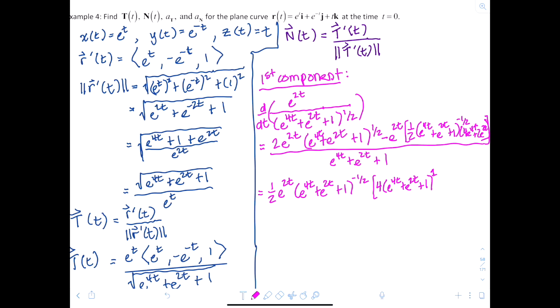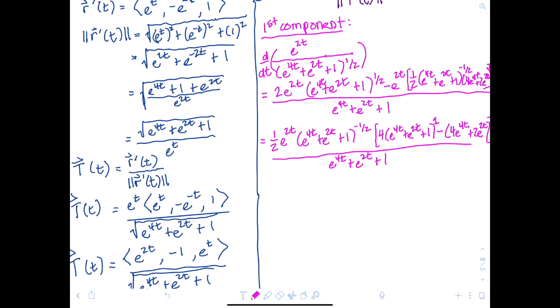And then I will have left minus 4e to the 4t plus 2e to the 2t. Cool? And now that'll be all over e to the 4t plus e to the 2t plus 1.